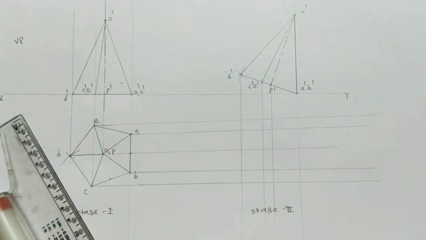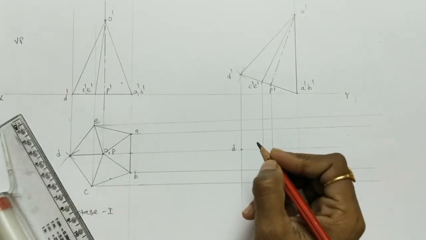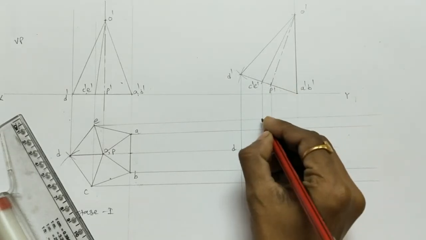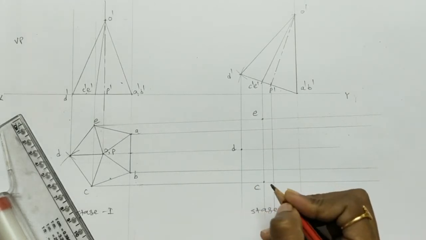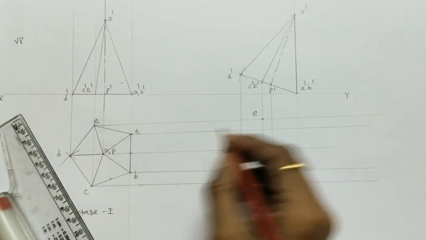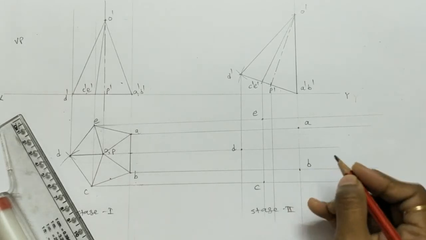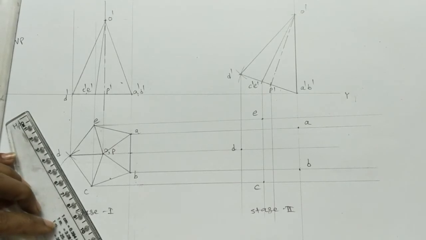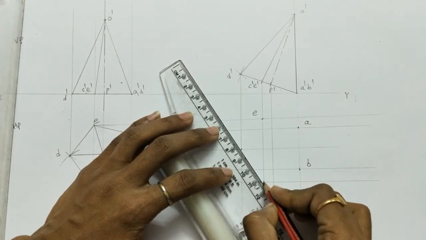Give names to these points: this is D dash and D here, so this is point D. Then C dash, E dash, and this E, and here C, and then end points A dash, B dash, so this is point A and this is point B. Now join all these end points by dark lines, as we know the rule.